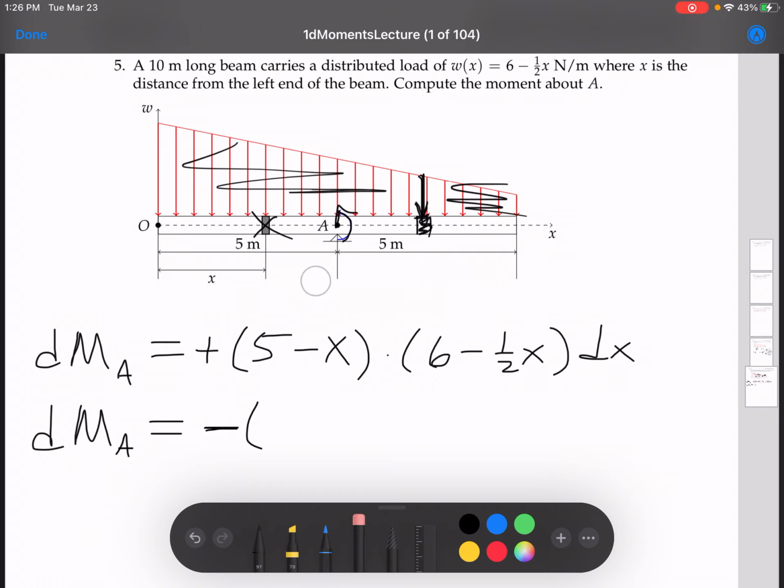So now let's compute the distance from the slice to the pivot. So now our x distance is this. That's x.